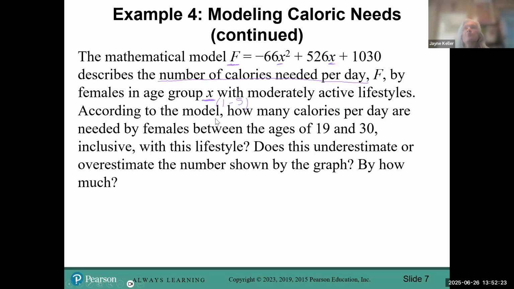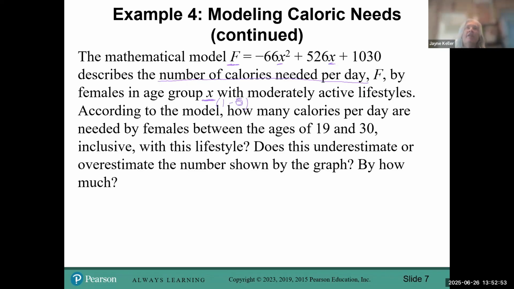So x is going to be 1 through 6. So you give me a number, the age group that you're interested in, 1, 2, 3, 4, 5, or 6. I plug in that value here and here, do all of these calculations, and then f will come out, and that will represent the number of calories needed by a female in that age group.